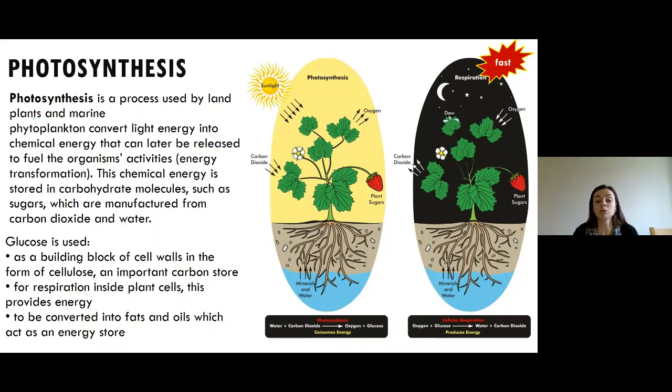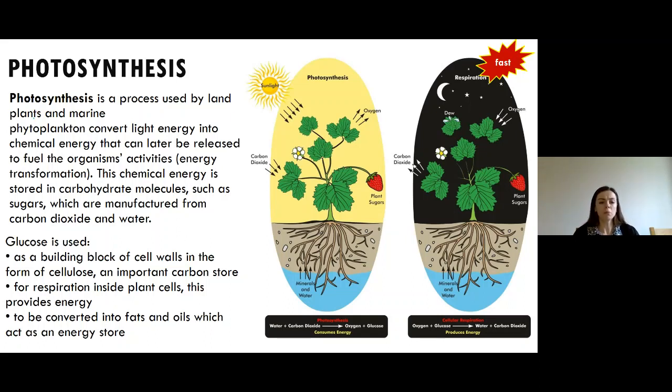So glucose is used as a building block of cell walls in the form of cellulose, which is an important carbon store, for respiration inside plant cells, which provides energy for the plant, and to be converted into fats and oils, which act as an energy store. So photosynthesis removes carbon from the atmosphere, and carbon is now stored within the plant.